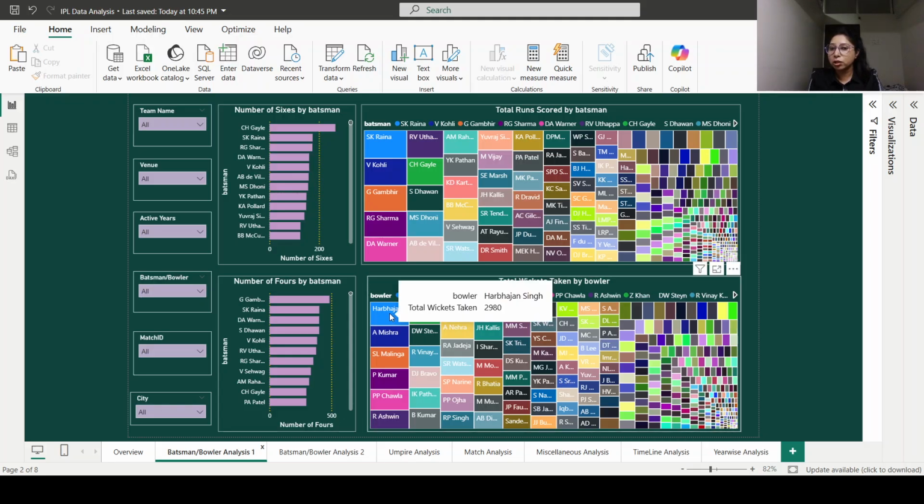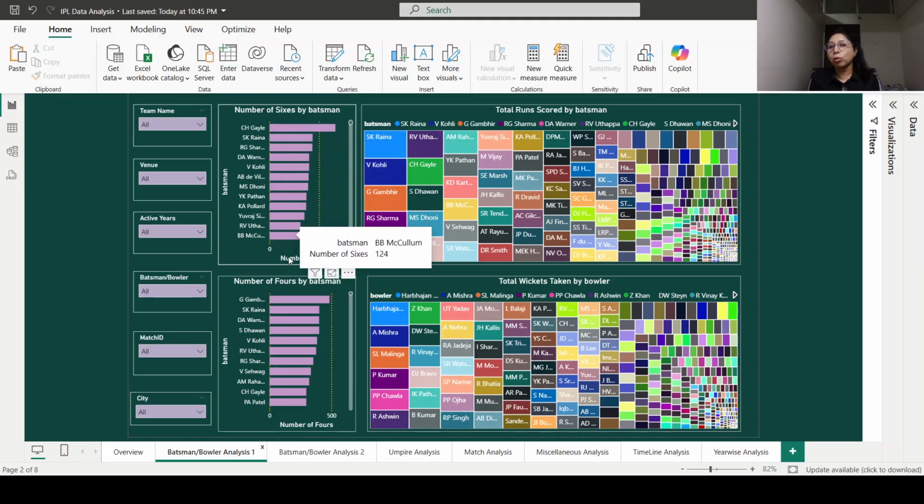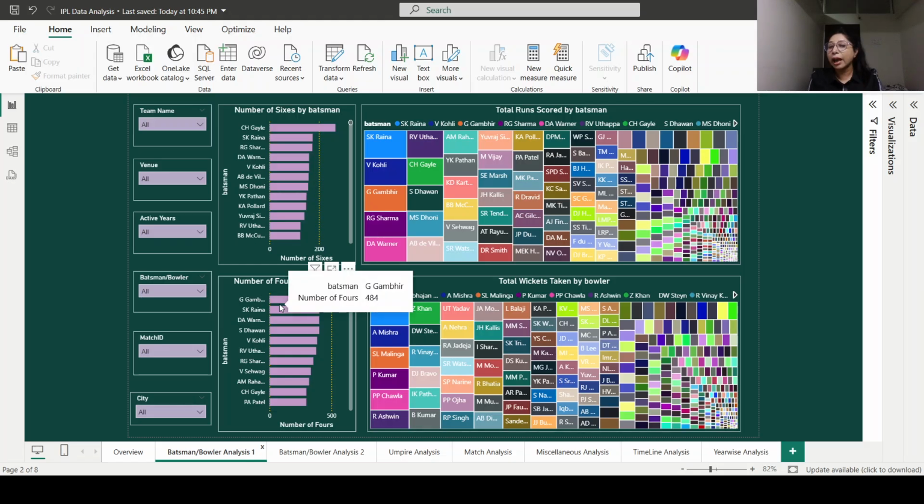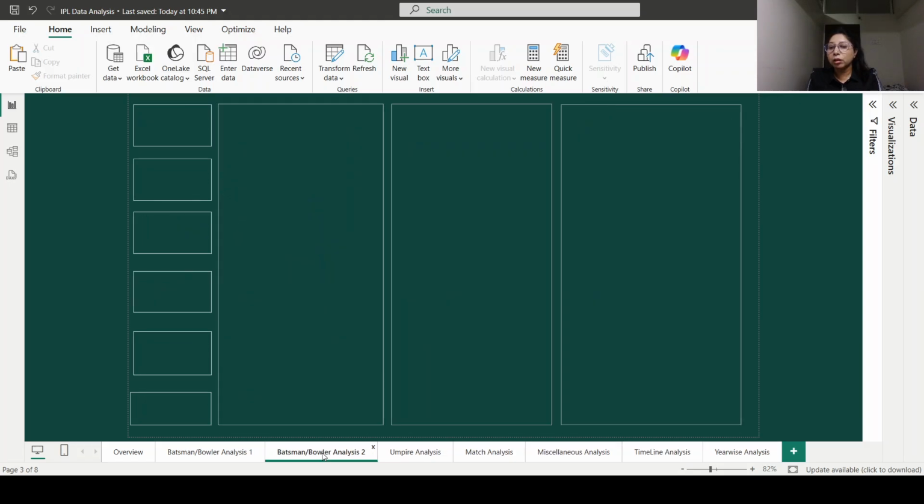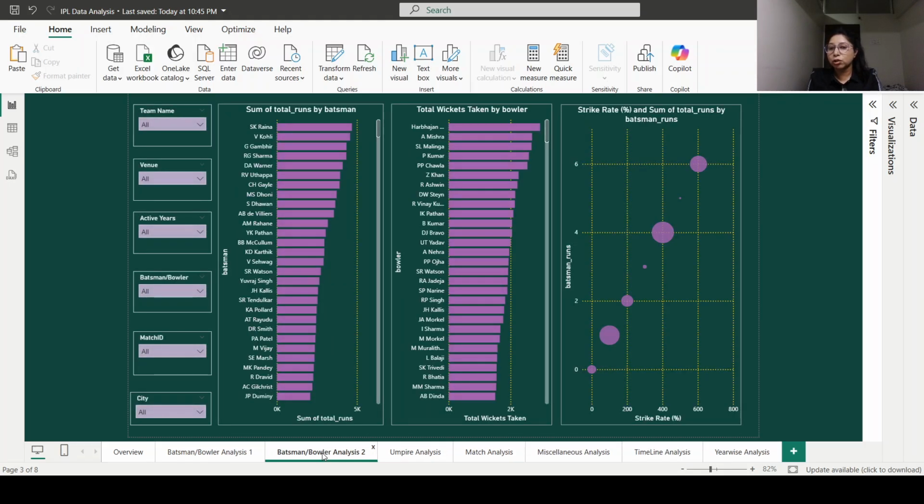We have Harbhajan Singh here, and then A Mishra. And depending on it, if we want to check the number of 6s or 4s scored by the batsman, we have that data as well.